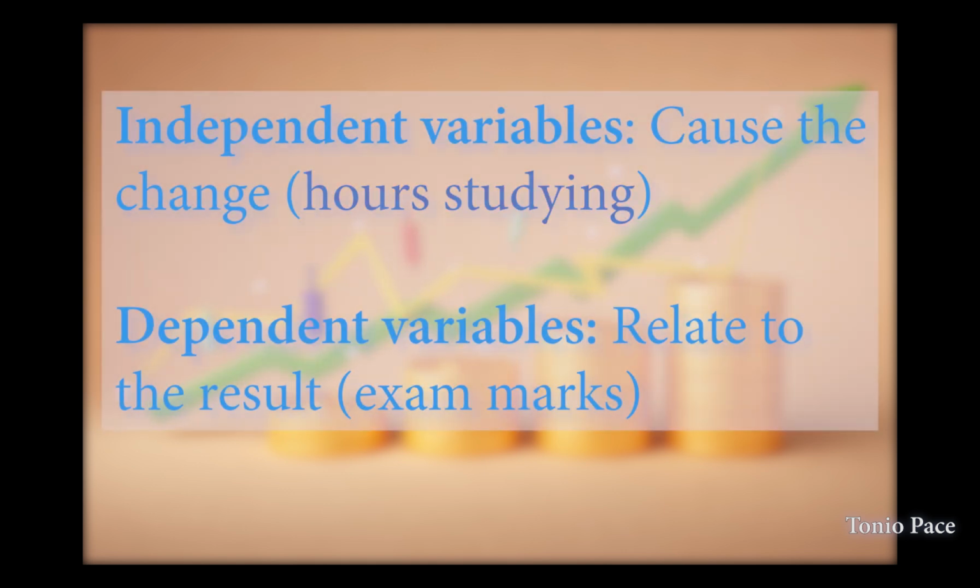Similarly, the number of hours spent studying is the independent variable because it may affect a change in the exam score, which is the dependent variable. Remember it this way: the dependent variable depends on the independent variable.